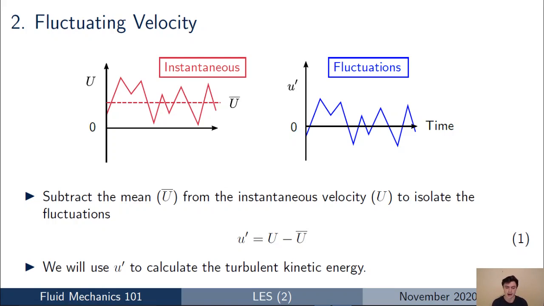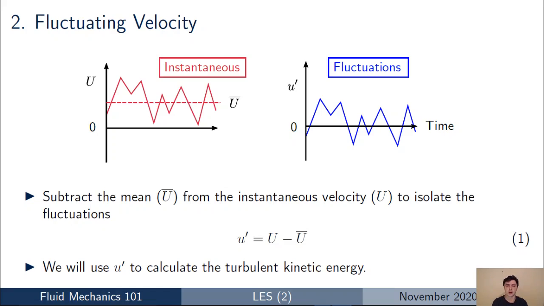That's the mean or the average. And then the conceptual stage that we're going to do is to subtract the mean from the instantaneous velocity field. And that will give us the fluctuating velocity, which I've denoted by U with a prime there. And you can see that in the image on the right, which is in blue. And U prime is just the fluctuations associated with the turbulence.